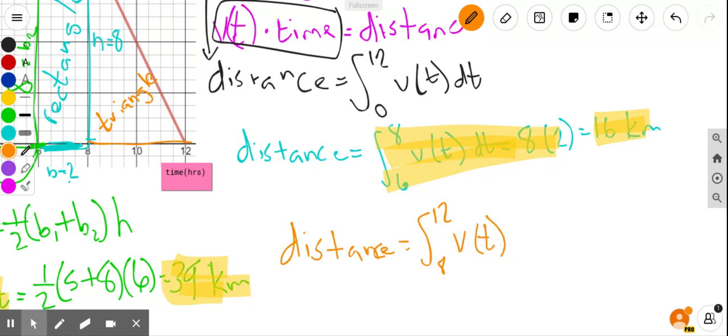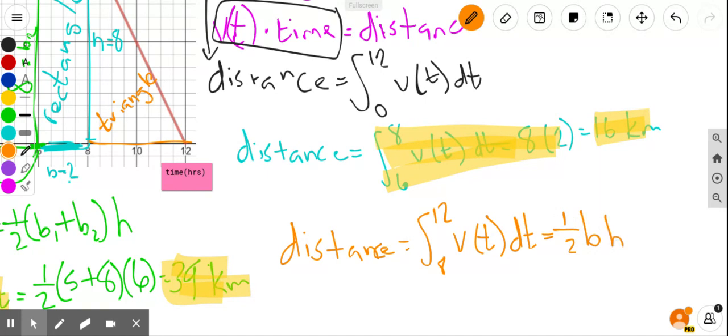Right, and I'm just writing this all out to get you comfortable with the notation and showing you what each of these color-coded ones represent in terms of the distance covered from what time to what time, okay? Which should be the same as 1/2 base times height.